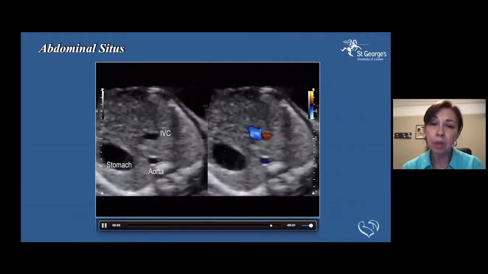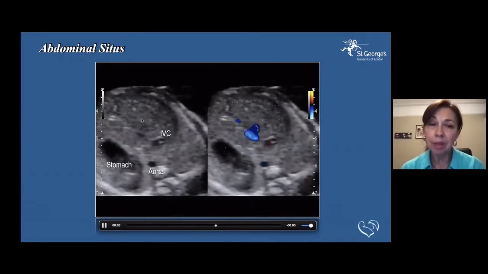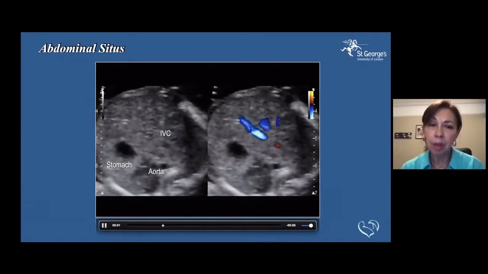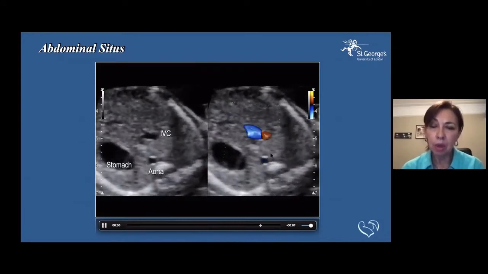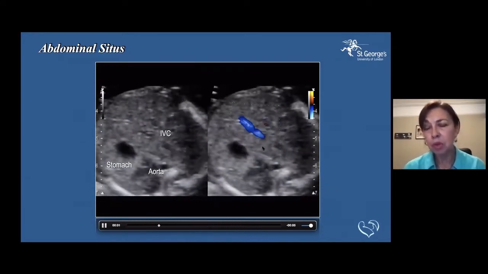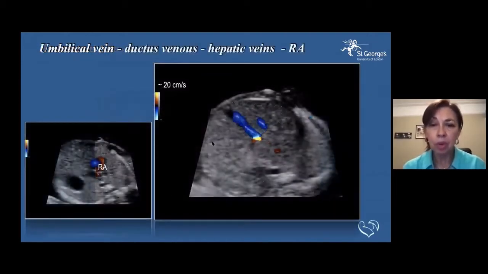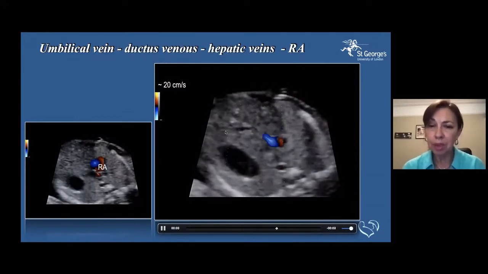And as soon as we put color, we can see already that we see details that we can't see without the color. We can just about see the umbilical vein coming here, and it accentuates the ductus venosus. A lot of people see the ductus venosus, particularly on a sagittal view, but it is very useful to do it on a transverse view where you can also do your pulsatility index.